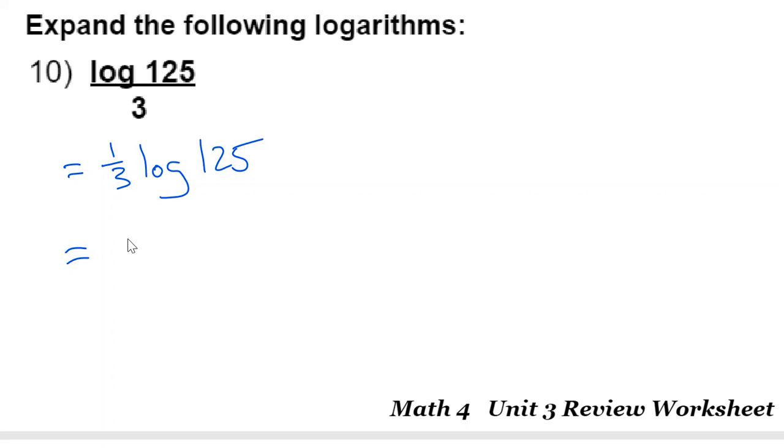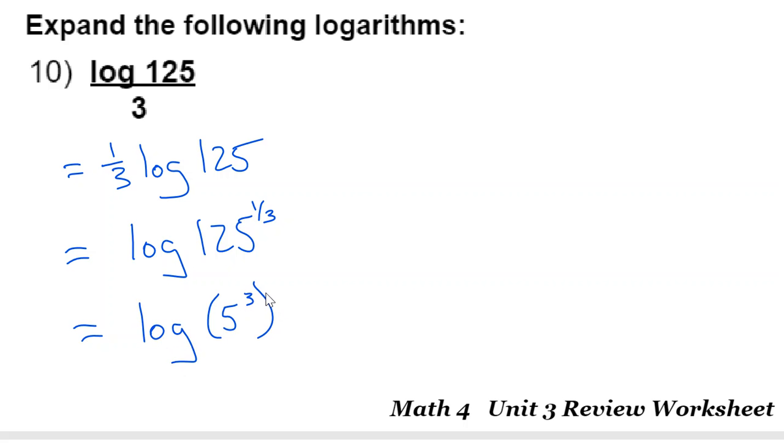And we can do this. And 125 is also 5 cubed, which raised to the 3rd power, raised to the 1/3 power means that I've just got log of 5 when I'm done. So yeah, instead of expanding it, we actually shrunk it.